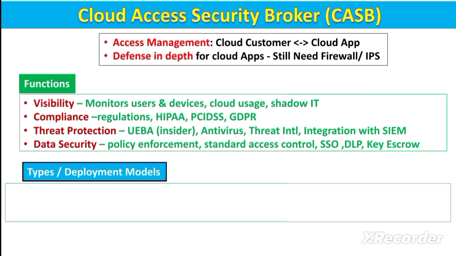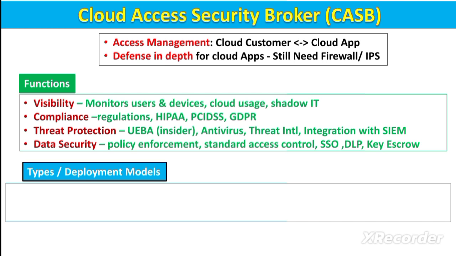It also provides protection against leakage of data by implementing data leakage prevention or data loss prevention solutions. Furthermore, CASB can also provide key escrow services. So the data will be hosted on the cloud service which relates to an organization, but the cloud service provider will not have the encryption key of that data, and this encryption key will reside with the CASB.